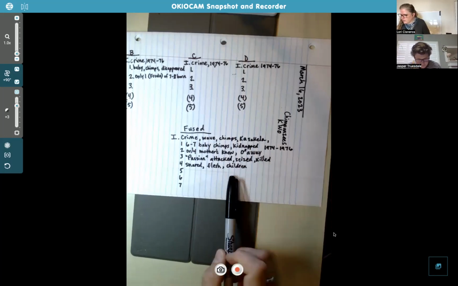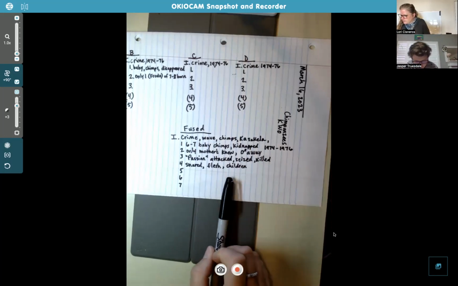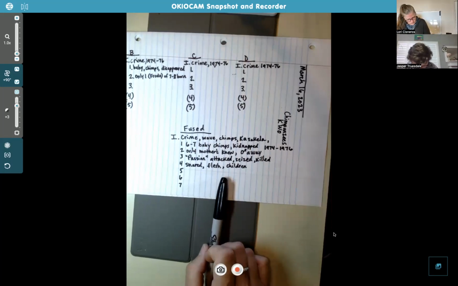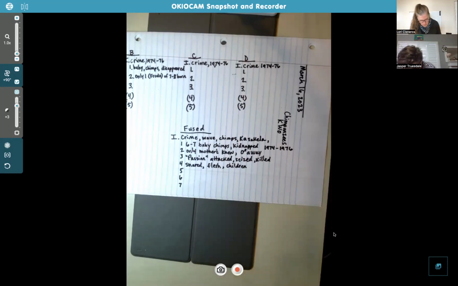I know we're kind of jumping in the middle of this, but let's see. Sitting in a tree with pomegranate. Oh, the third one for the fused outline where it says passion, attacked, teased, killed. Yeah. That's talking about Little B's baby, right? Or no, they got away from it, I think.